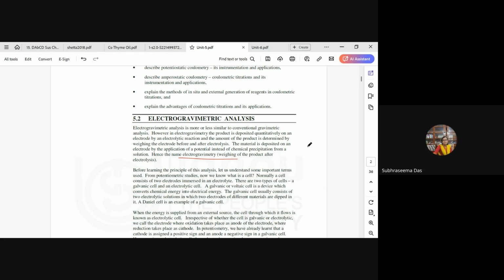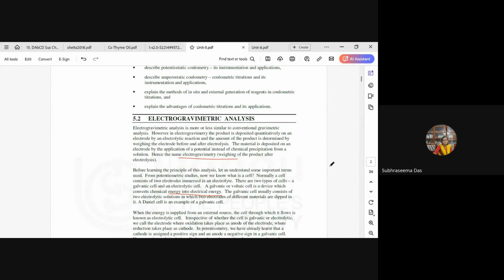We know what a cell is, and we also know there are two types of cell, a galvanic cell and an electrolytic cell. A galvanic cell is also called a voltaic cell. It converts chemical energy into electrical energy. The Daniel cell is an example of such a galvanic cell.